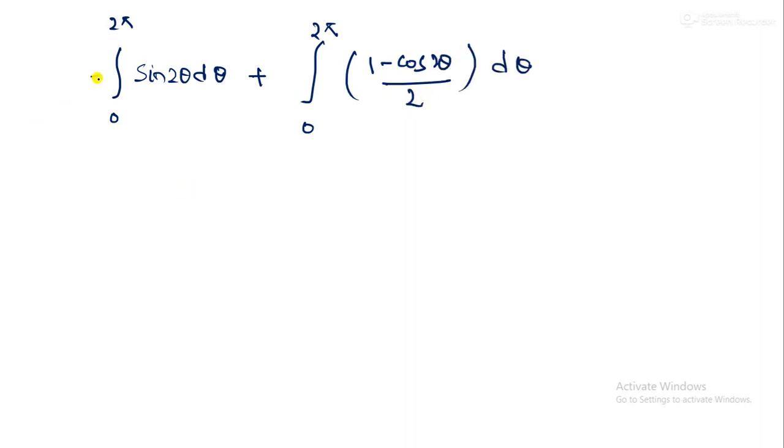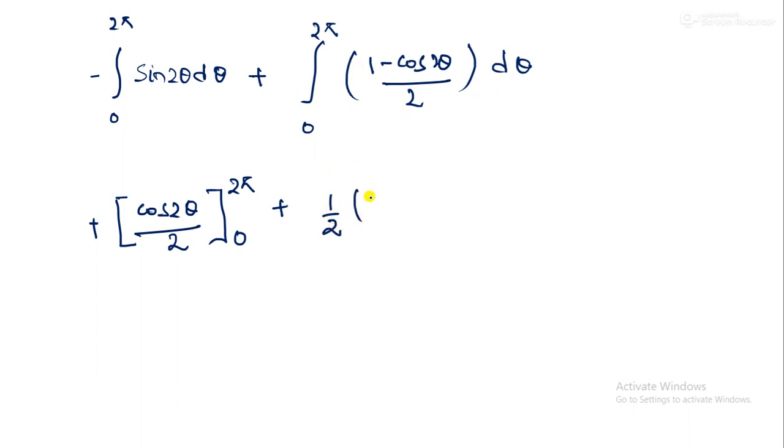Okay, so on integrating, sin 2 theta gives cos 2 theta by 2, minus 1 minus outside will be plus, that is cos 2 theta by 2 integrating from 0 to 2 pi, plus 1 by 2 d theta, that is 1 by 2 into 2 pi minus 0, that is 2 pi, minus 1 by 2 times sin 2 theta, from 0 to 2 pi.